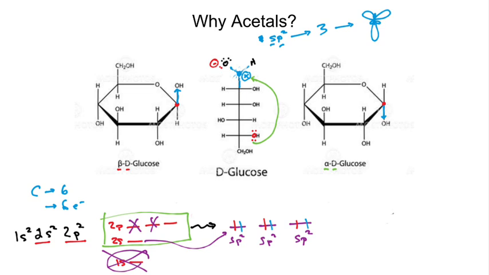What's left over? What orbital? A p orbital. So if I were to look at a carbon that brought in all of its electrons, we could now put that 4th electron in that orbital. There we go. That would be lovely.